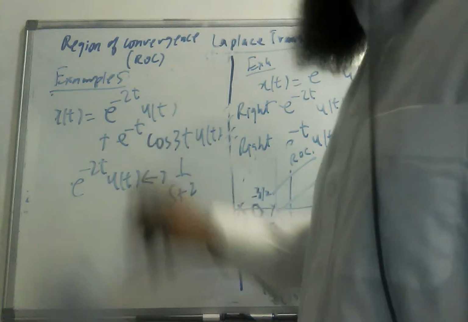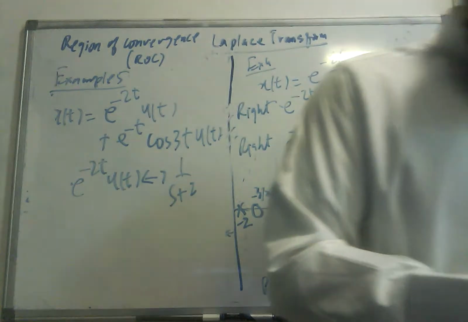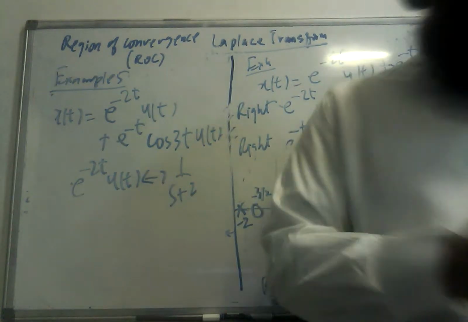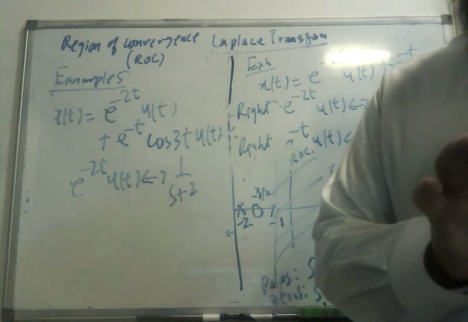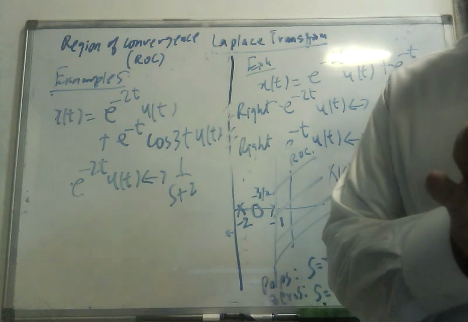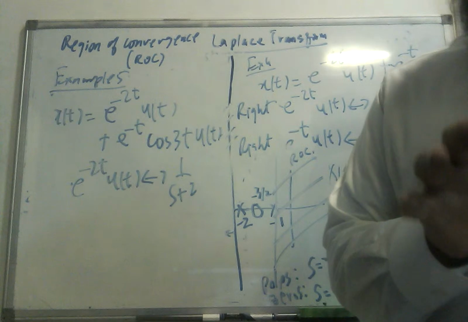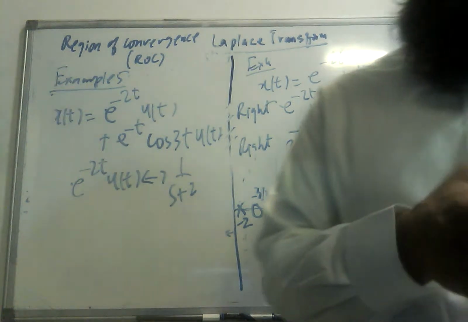Now for this one, you have to look at the table. If you look at the table which I sent you at the beginning of the lecture, in this table there is the Fourier transform and there is a Laplace transform at the end. This table is, by the way, on the website too.